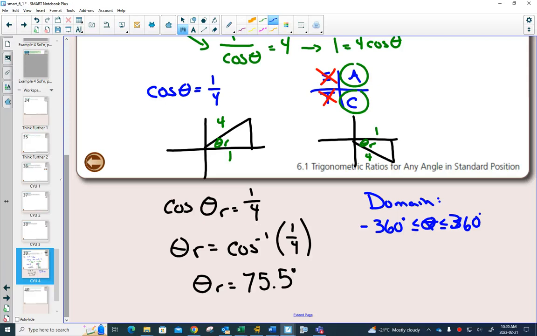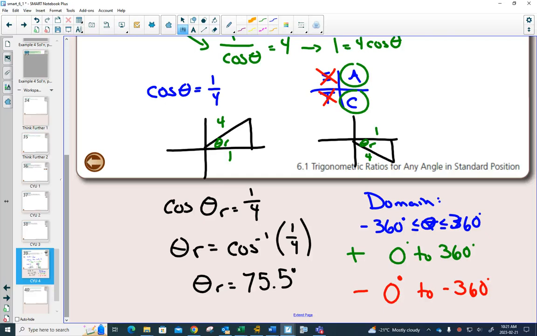So even though I have negative 360 to 360, for the positive ones, 0 to 360, my negative ones would be 0 degrees to negative 360.